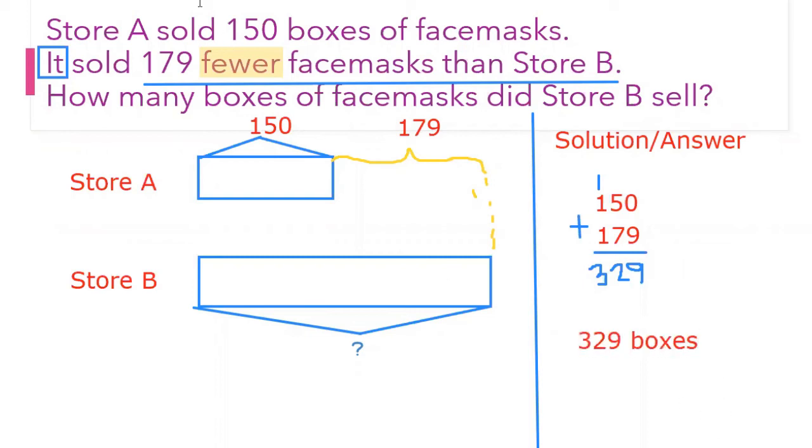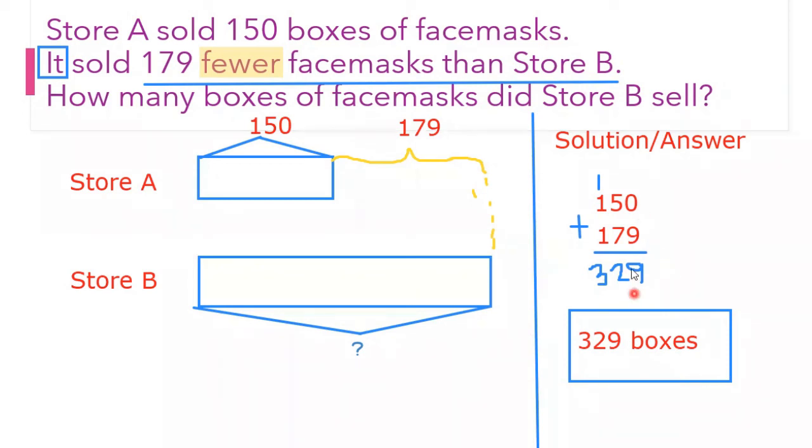So that's our answer. Now, if we want to make sure our answer is correct, we can check. If our answer is 329, what can we do to make sure it is correct? If store A sold 150, we subtract: 179 from 329. If we get 150, then our answer is correct.